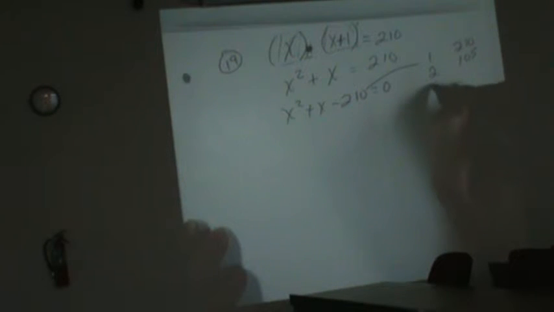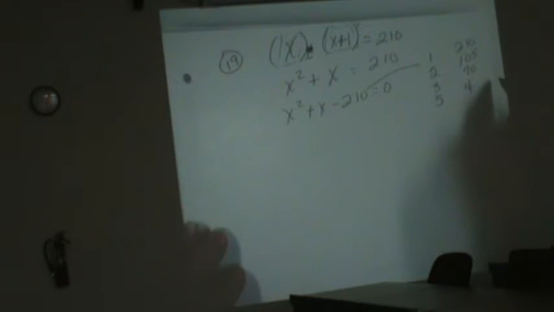What are the ways to get 210? 1 times 210, 2 times 105, 3 will go, 3 times 70, 4 won't go in it. 5 will go into it. 5 times what? 42?